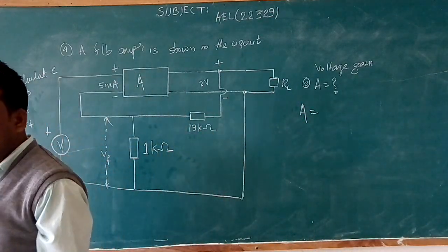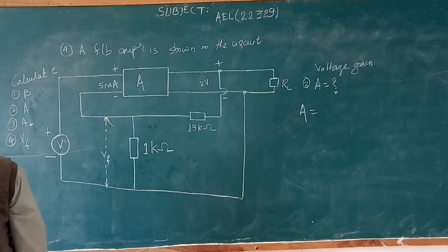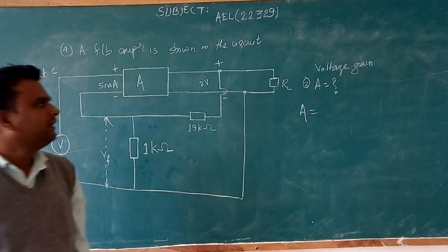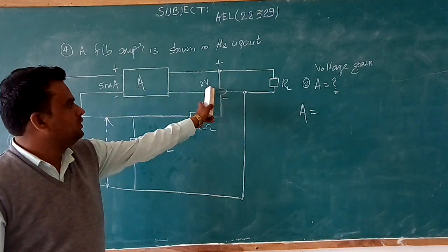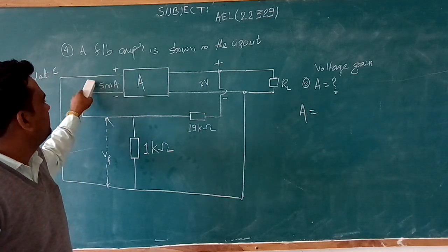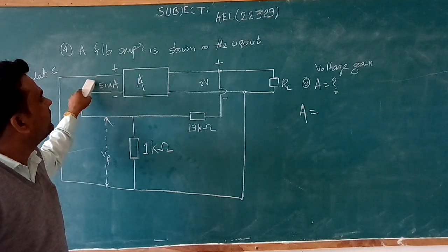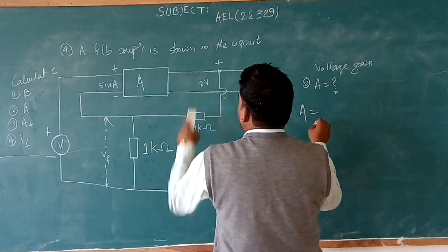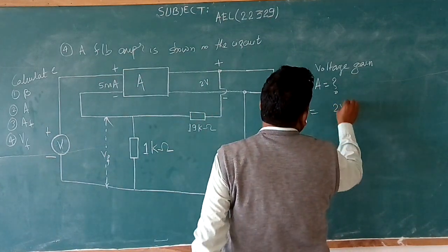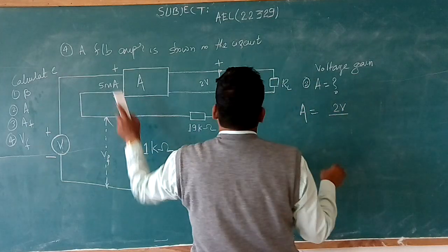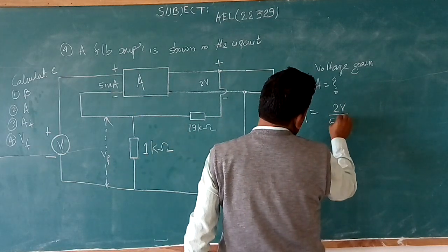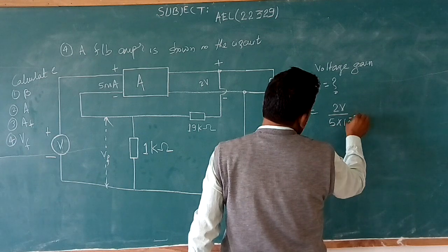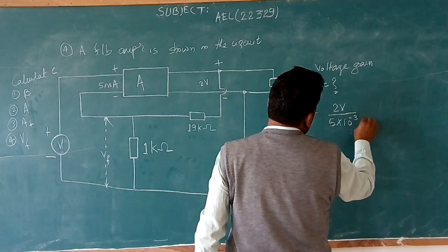A is given by output divided by input. Here output is 2 volt and input is 5 milliampere, so A is 2 volt divided by 5 into 10 to the power minus 3 ampere.